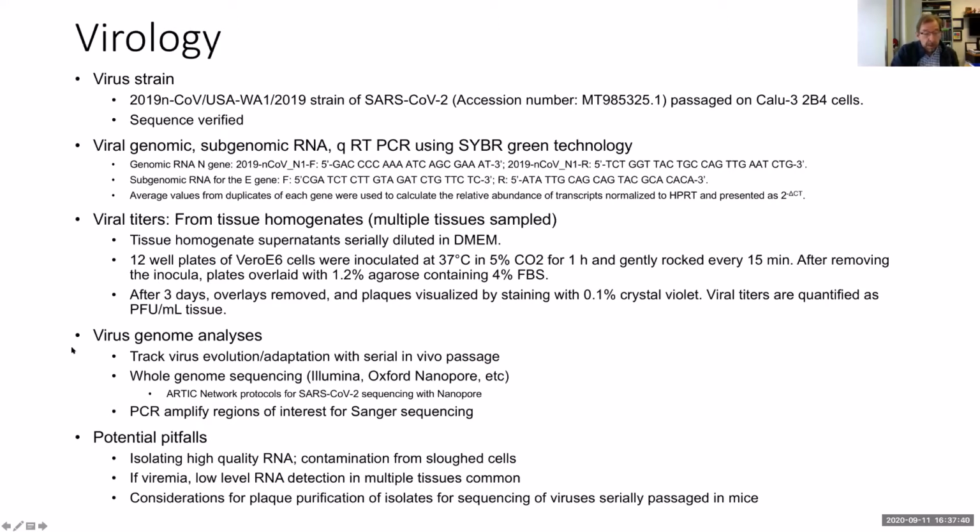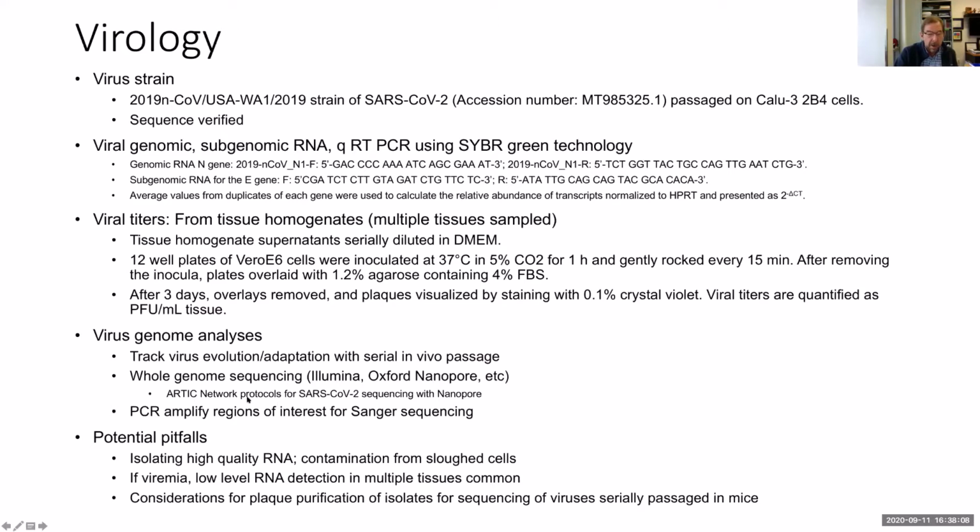We're also doing virus evolution, and we've been working with our clinical colleagues looking at some cohorts of infection. We've been using the Oxford Nanopore technology and following the ARTIC Network protocols for the sequencing work. You guys are probably familiar with this, but it's like a living protocol that people all over the world are using.